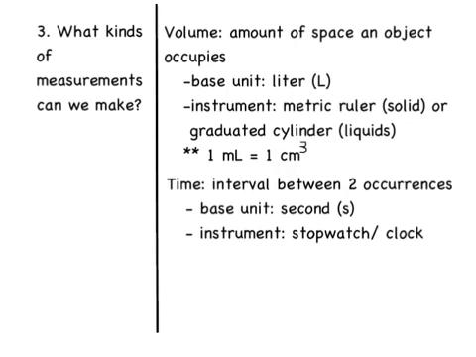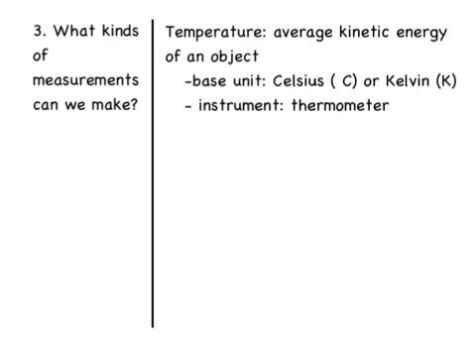Okay, so very last one that we're going to talk about is temperature. Okay, so the measurement of temperature. Temperature is the average kinetic energy of an object. And that's kind of weird to think about, but for example, if you're sick and you put the thermometer under your tongue and you're measuring your temperature, what you're doing is measuring how fast the molecules are moving in your body.